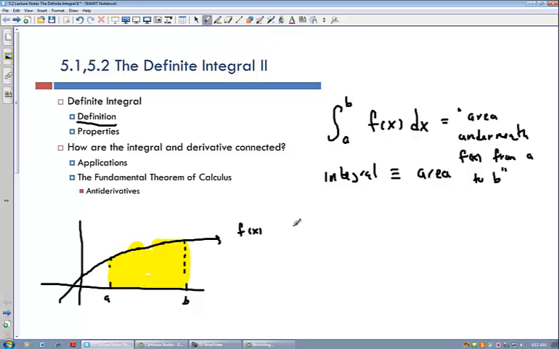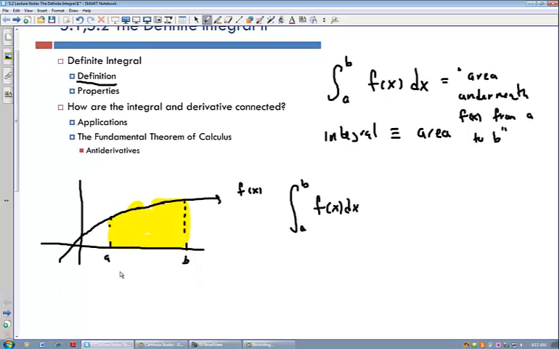The way that you can define this integral from a to b of f of x dx is just like last time. To figure out the area, we're going to use little rectangles. The idea is to break this interval up into smaller intervals. We'll call a x sub 0, and then we can make another one, x sub 1, x sub 2, x sub 3.